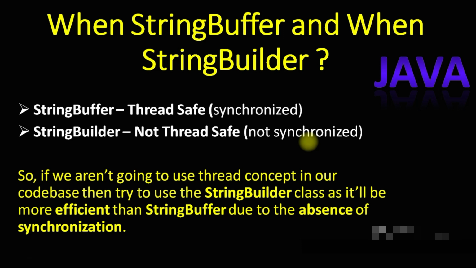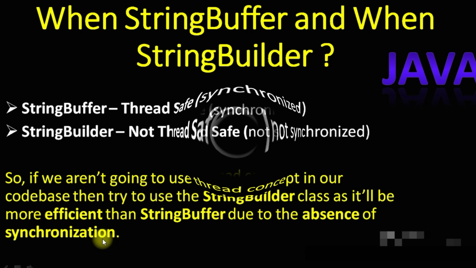What thread or synchronized means we will learn later, but think about it. If you want to solve the immutability problem of string, then you can use string buffer or string builder, and if your code base is not related to any thread concept, then string builder is more efficient to use than string buffer due to the absence of synchronization.